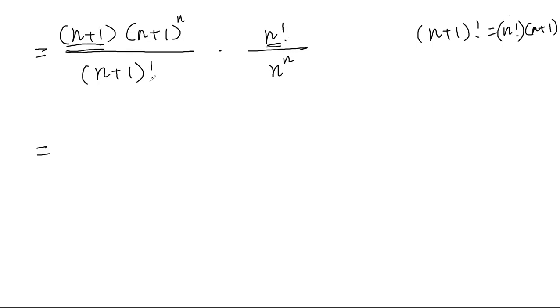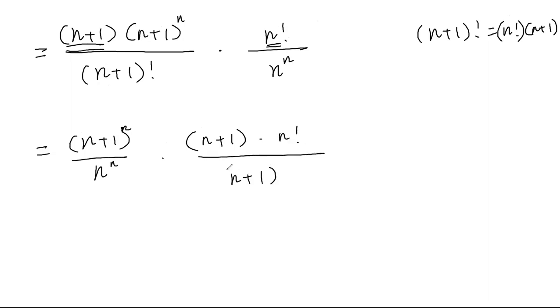So it can cancel the (n plus 1) factorial in the denominator, which gives you (n plus 1) to the n divided by n to the n times (n plus 1) times n factorial divided by (n plus 1) factorial. So these two cancel. And what is left is (n plus 1) to the n divided by n to the n.